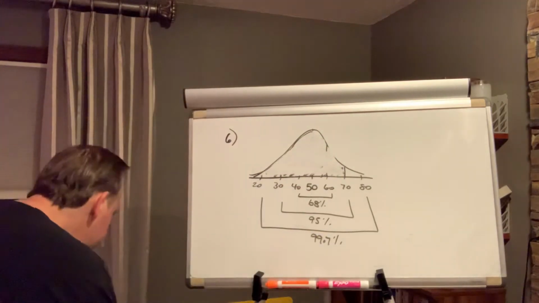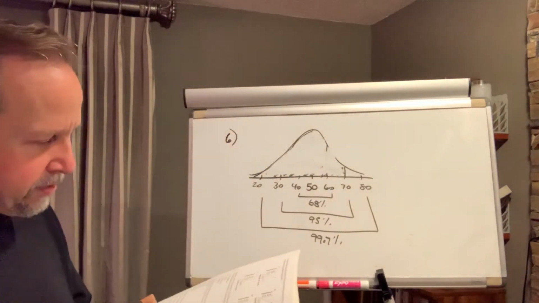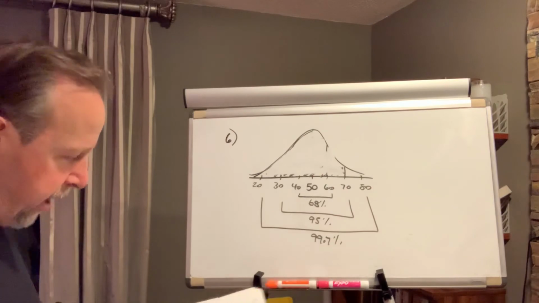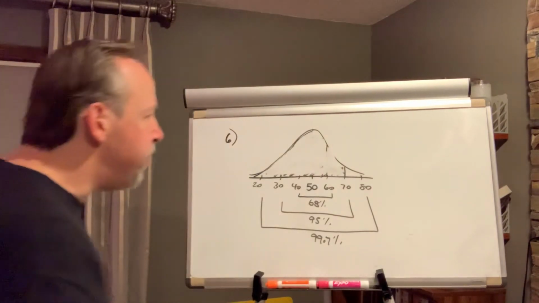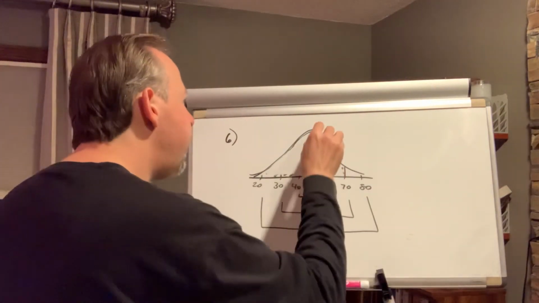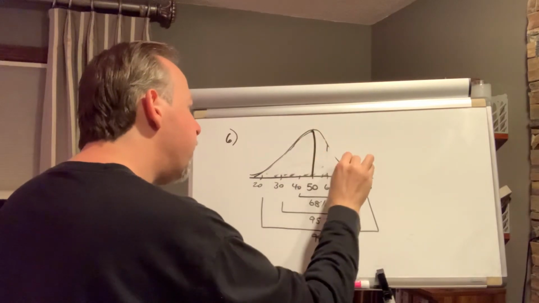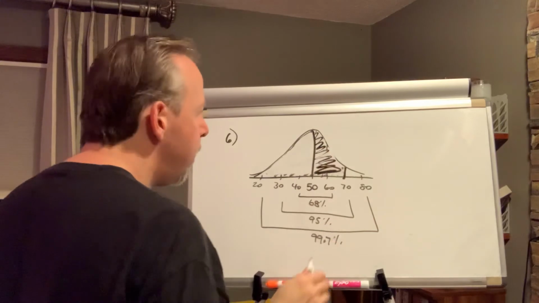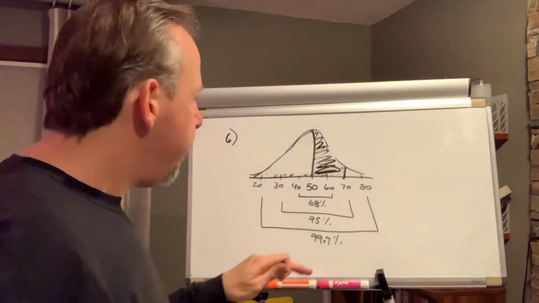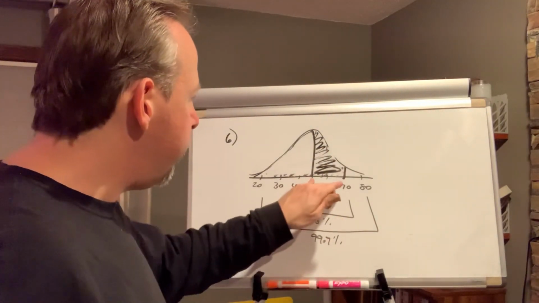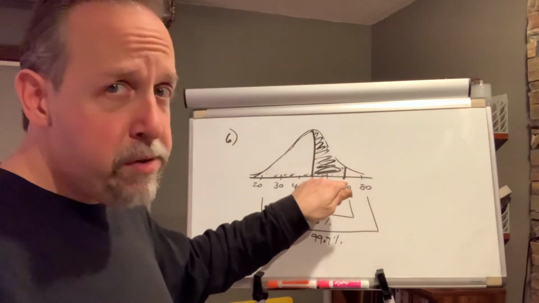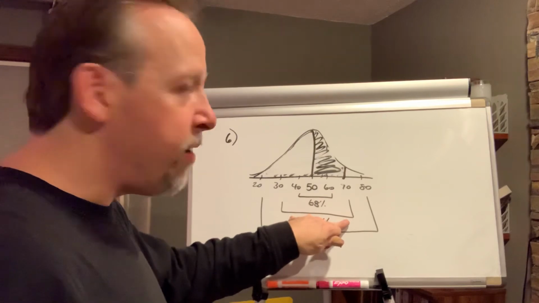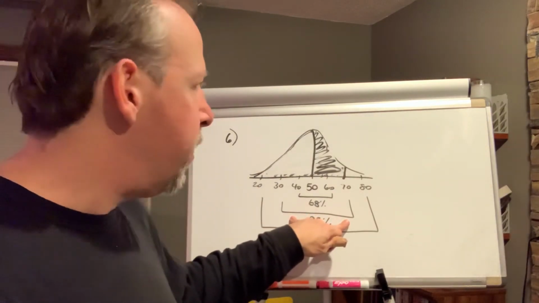What's answer choice C say? It says 47.5% of the data lies between 50 and 70. Okay, well, 50 and 70 is right there, right? From the mean to 2 deviations out. Now that's half of our 95% chunk.